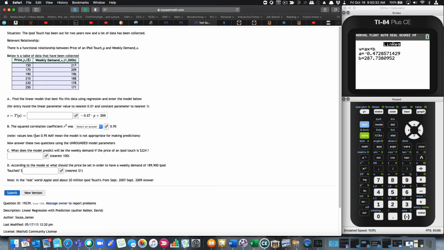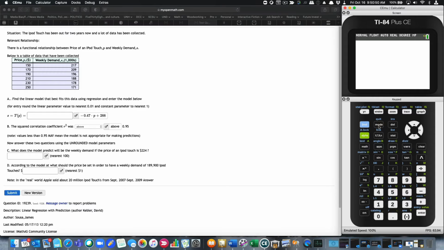So that's that. The squared correlation coefficient was, I don't know. I didn't post it up here, so I guessed above and it's right. There's a video that shows you how to get the R squared and R value to list here. I don't remember what it is.